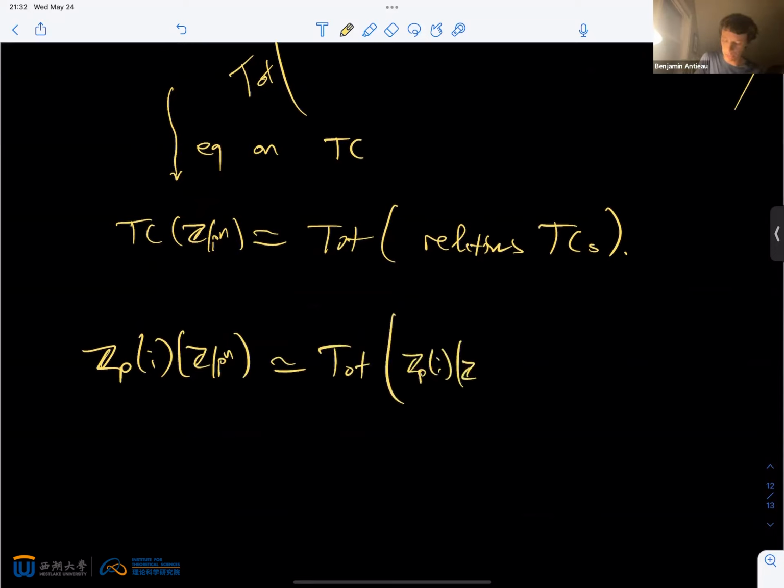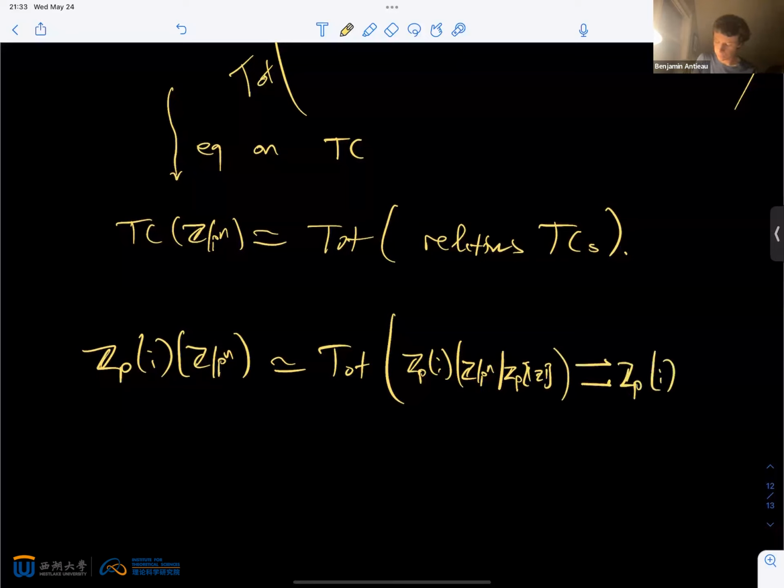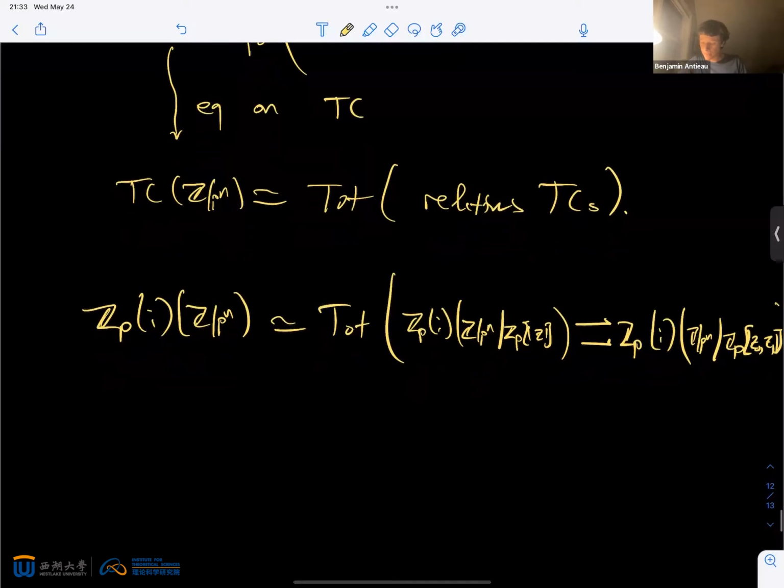Now we're not really over the sphere, but we're over a ring, which I'll write Z_p, power series in one variable. That's the first term. And now power series in two variables. And then this continues.